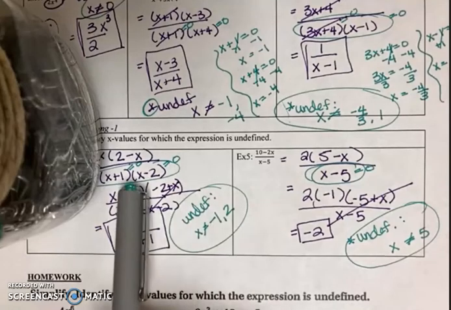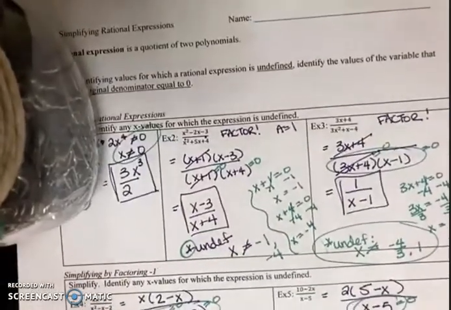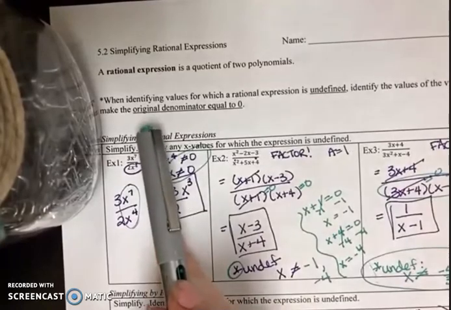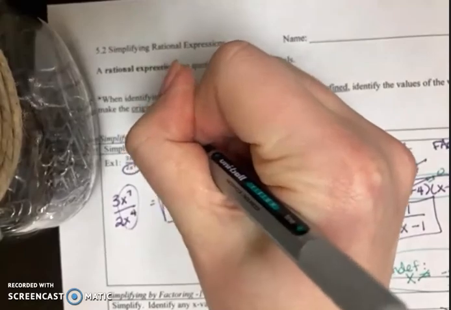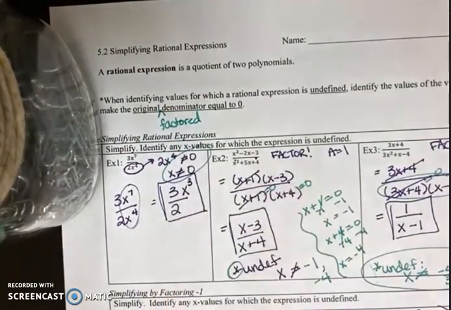You have to look back at the original factored denominator. It even says so as a reminder at the top of your notes. It is undefined when the original denominator, I'm going to insert the word factored, when the original factored denominator is equal to 0.